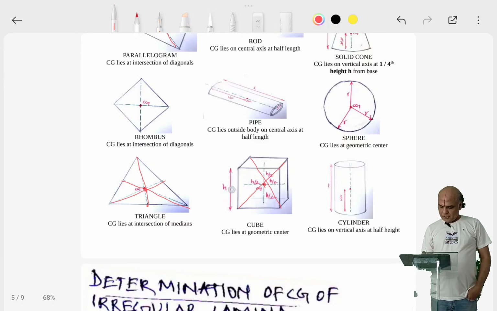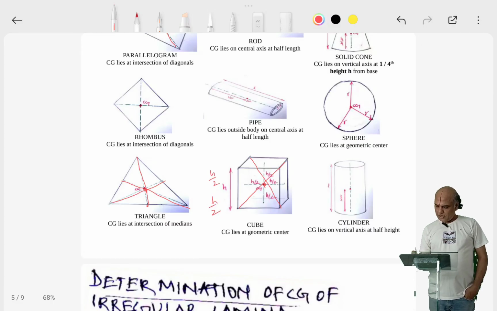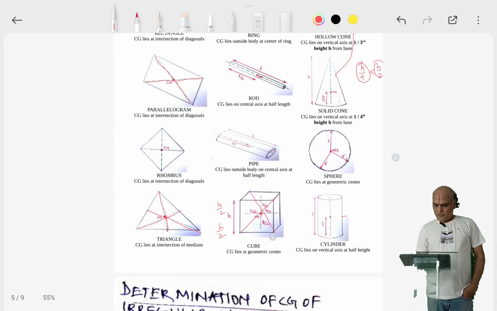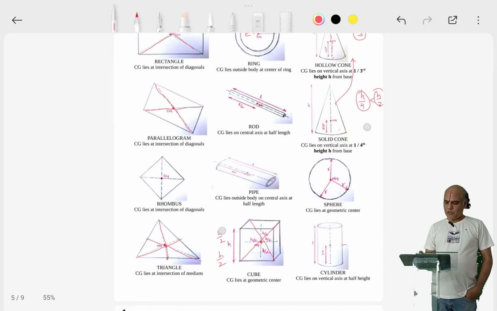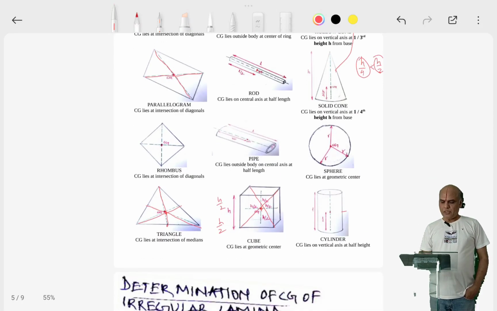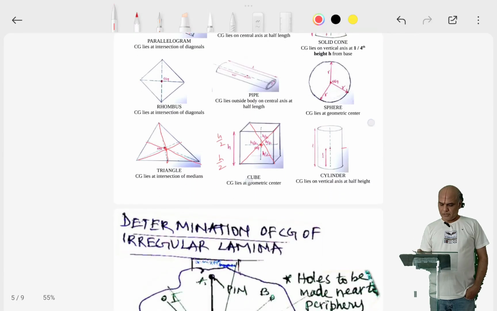So if h is the height of the cube, then it is h by 2 from each face. Likewise, a cylinder's CG lies along the central axis at half the length of the cylinder. So these are some of the common geometric shapes for which the CG lies at the points depicted in the figures.